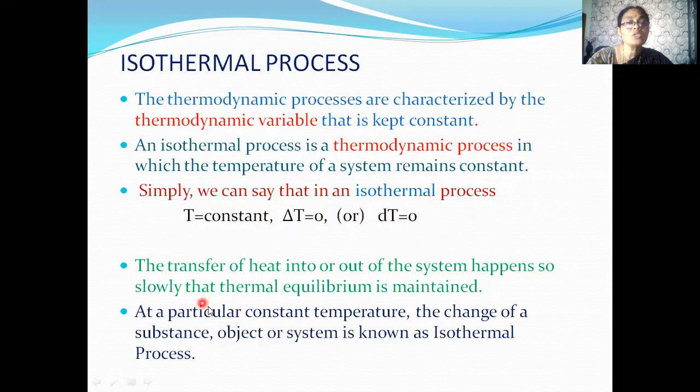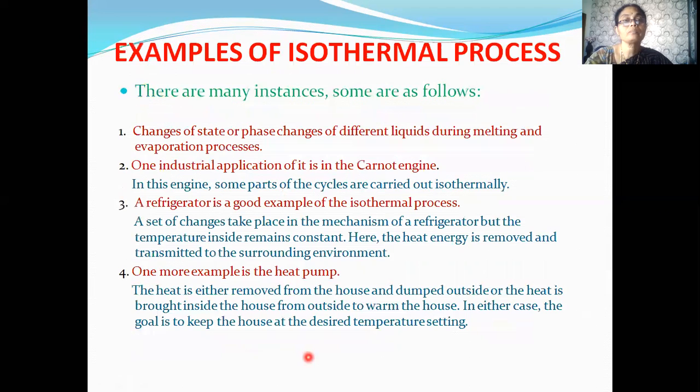Here, in an isothermal process, the transfer of heat into the system or out of the system happens so slowly that the thermal equilibrium is always maintained. That means at a particular constant temperature, the change of a substance or object or system is known as an isothermal process. Now let's see some of the examples of isothermal processes.